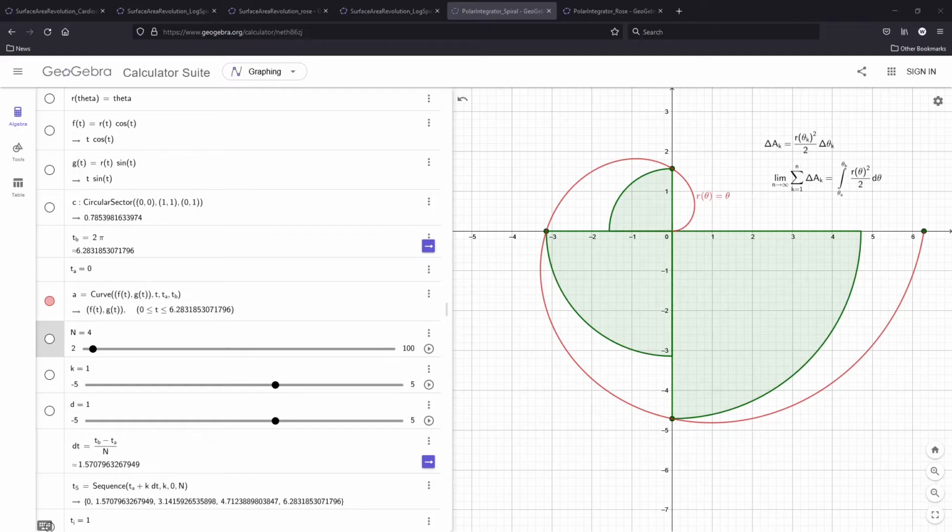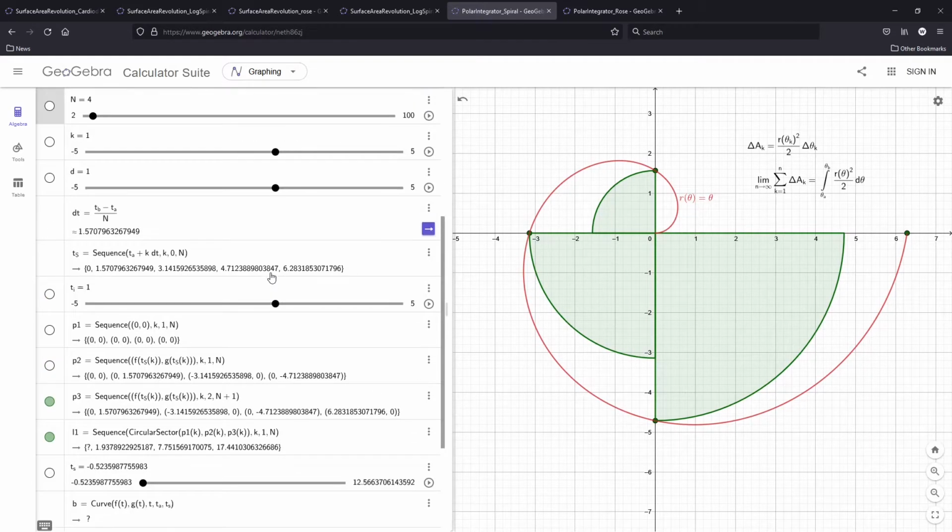The idea is that the radius is growing exactly linearly with the angle theta. It's getting bigger and bigger as theta gets bigger and bigger. For any angle, the radius outward is the angle that we measure from the x-axis.